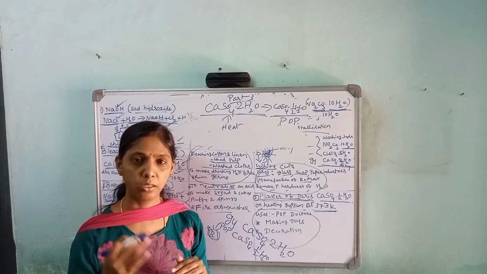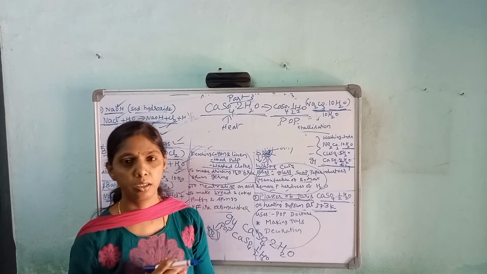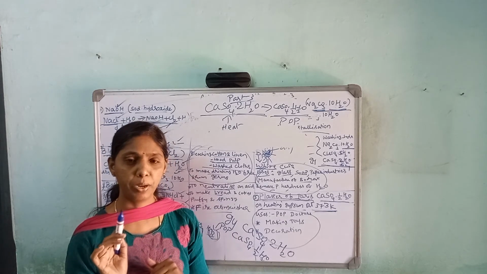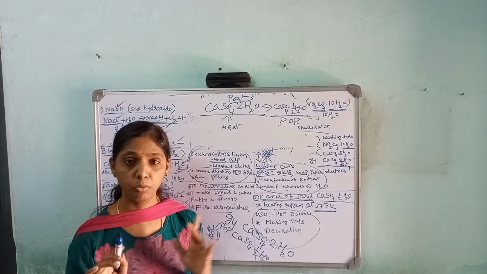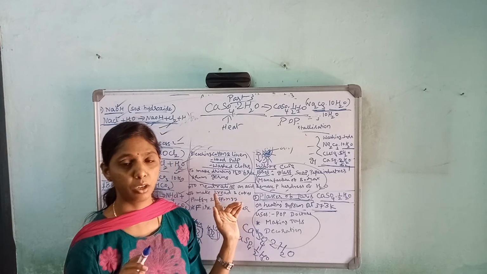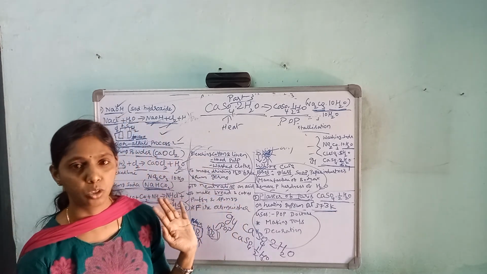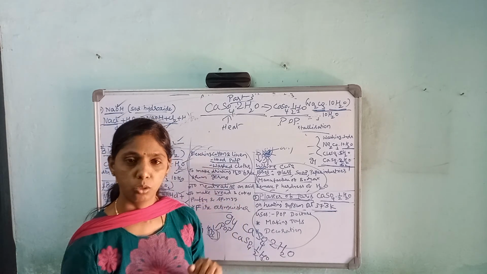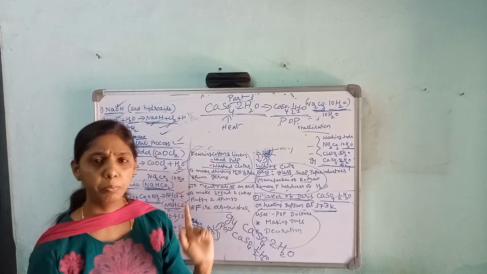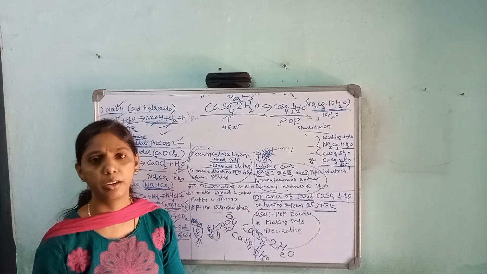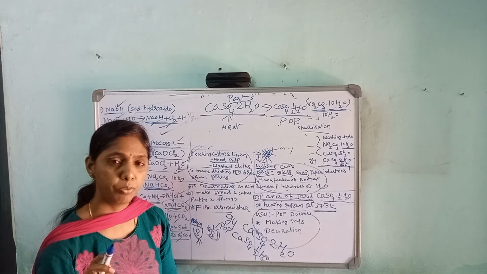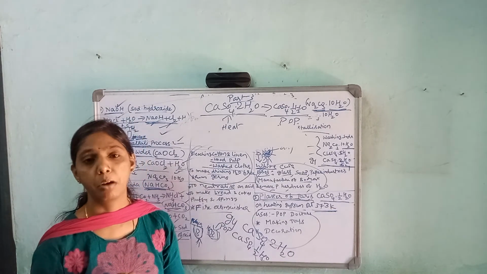If you practice 2 to 3 times, you will get it easily. If you have learned the names of these compounds in previous classes, it will be easy to write the reactions. Practice the reactions, and in the preparations you will also get reactions. If you practice, definitely you will get the marks.